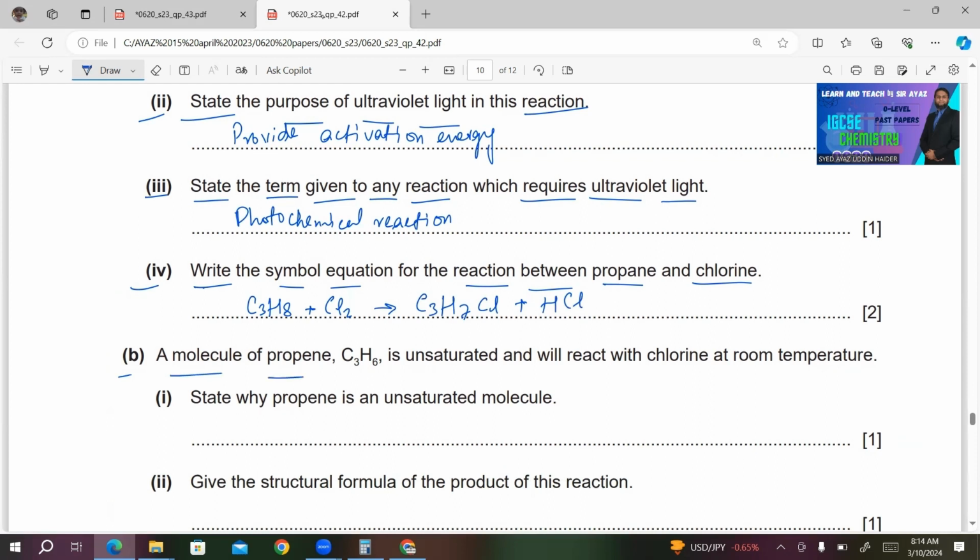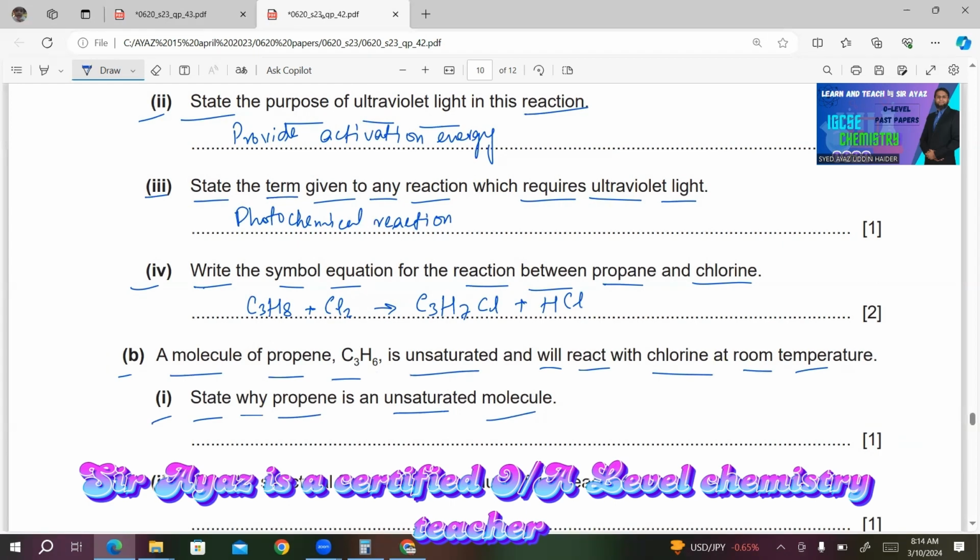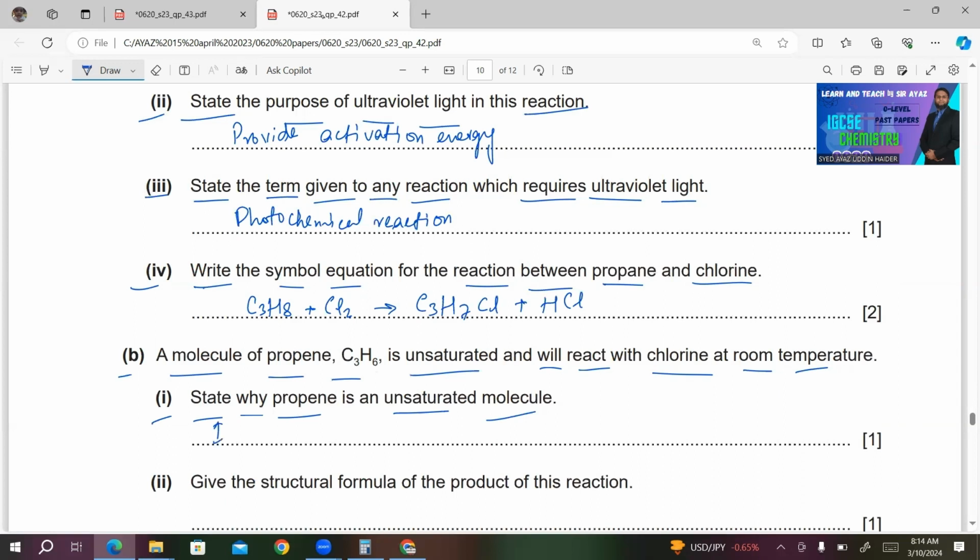B. A molecule of propene, C3H6, is unsaturated and will react with chlorine at room temperature. Number one, state why propene is an unsaturated molecule. It contains a carbon-carbon double bond.